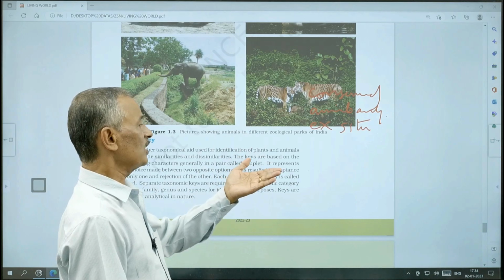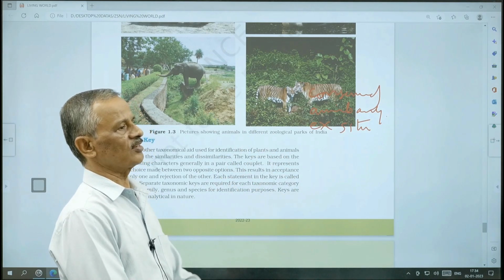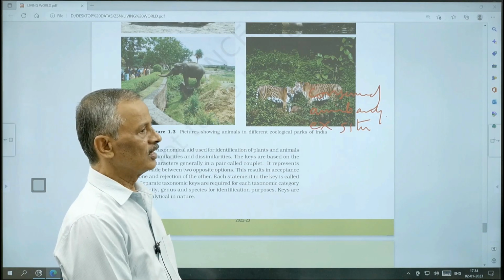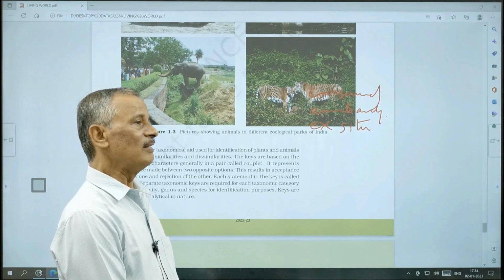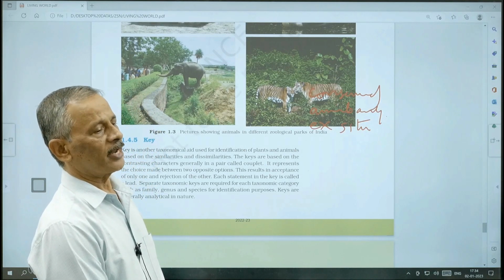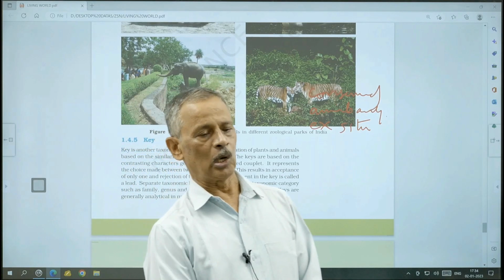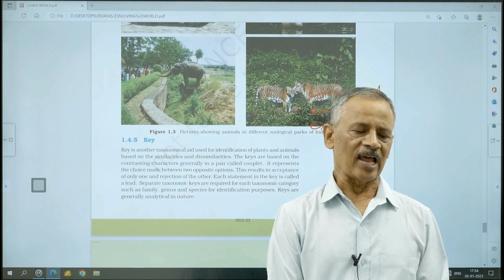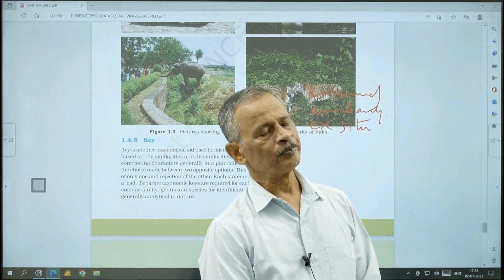So, you select the correct one and follow the instruction therein. Thus, this type of key enables a beginner, a student, to arrive at the taxon to which that organism belongs. You can identify the taxon of a plant or an animal based upon a key.